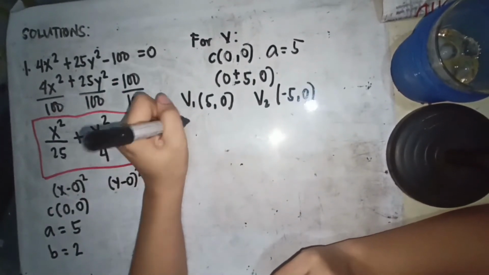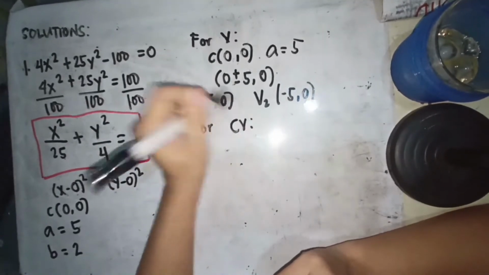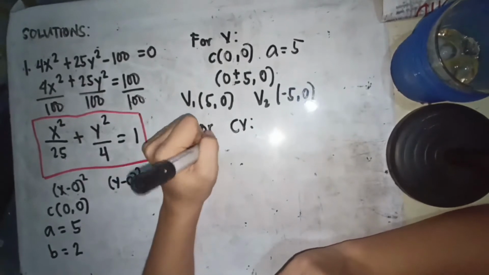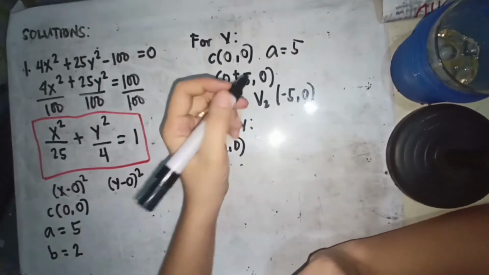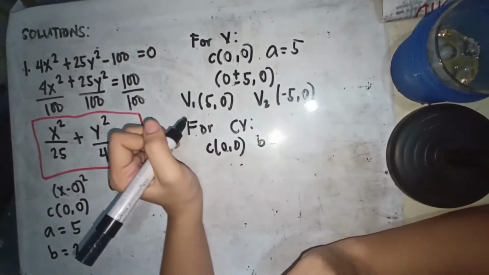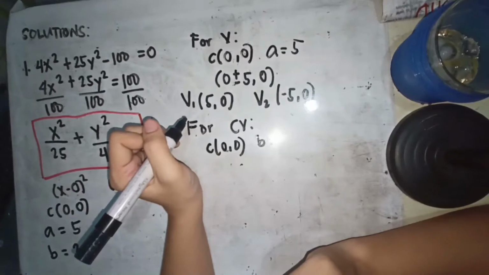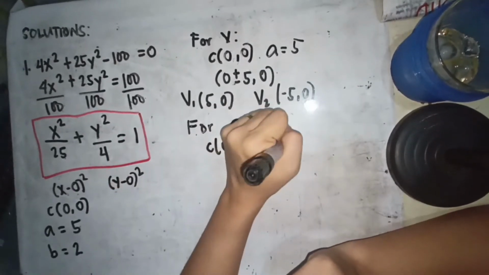Next, for CV or our co-vertices. Okay, so again, we have the center at 0 and 0. And we also have the distance B. That is the distance from the center to each endpoint of each co-vertices, no? That is 2.